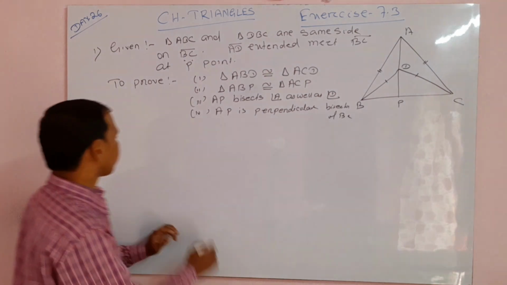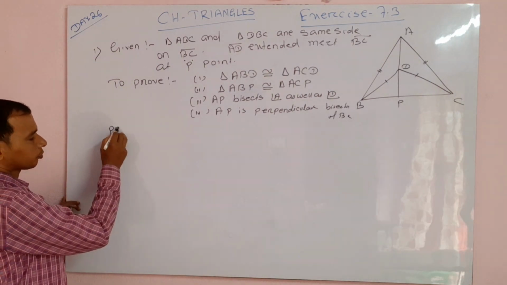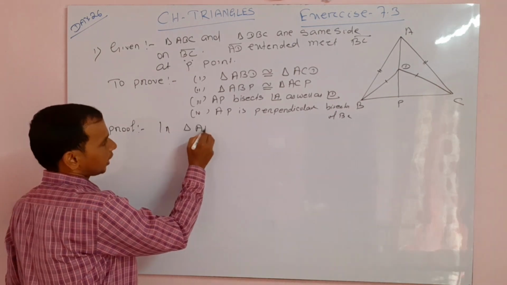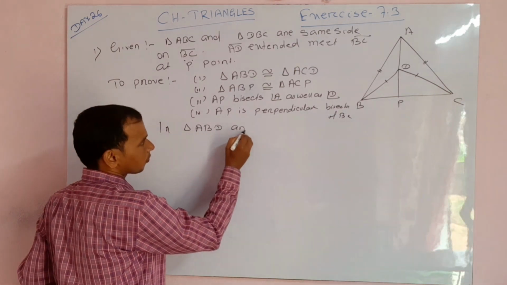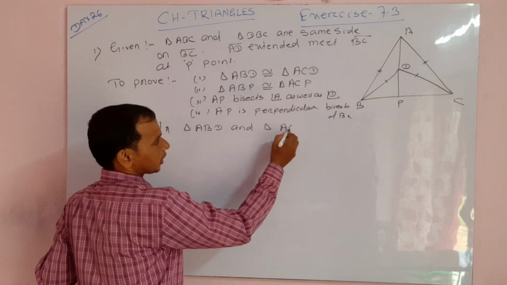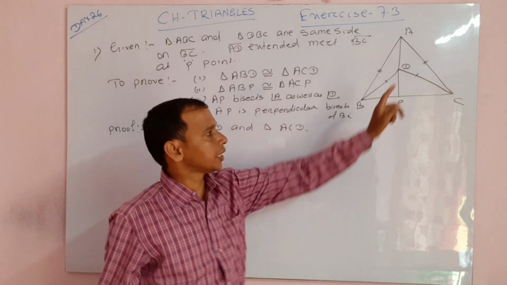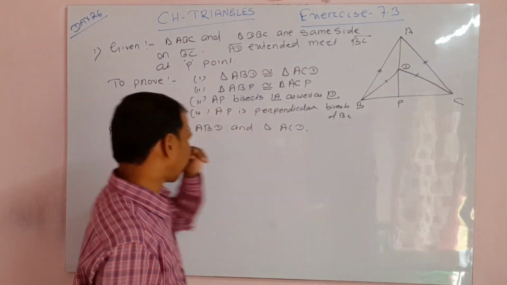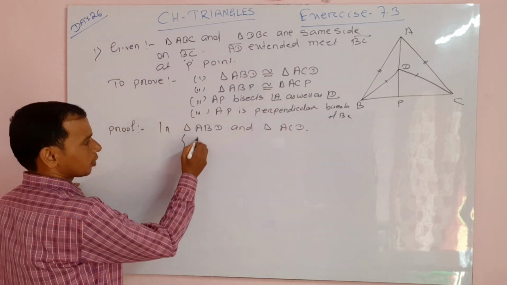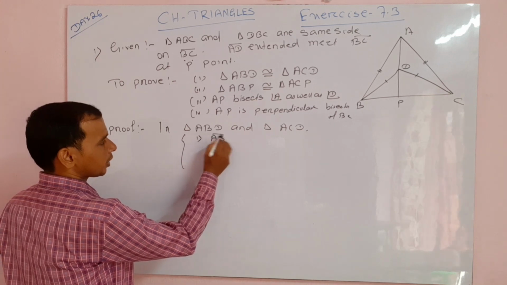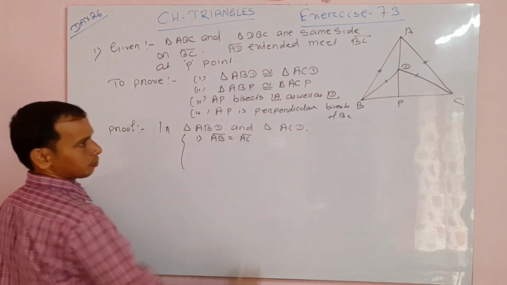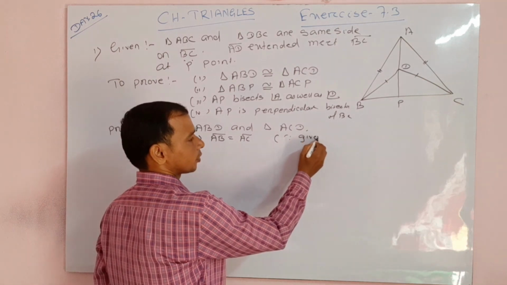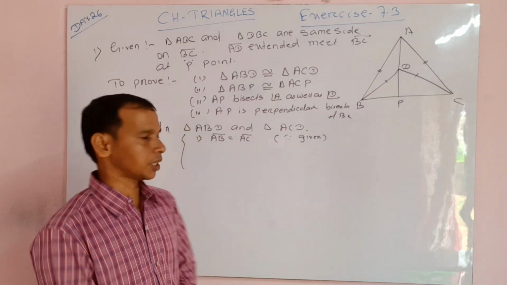The first one, proof: in triangle ABD and triangle ACD, first, AB is equal to AC because given.